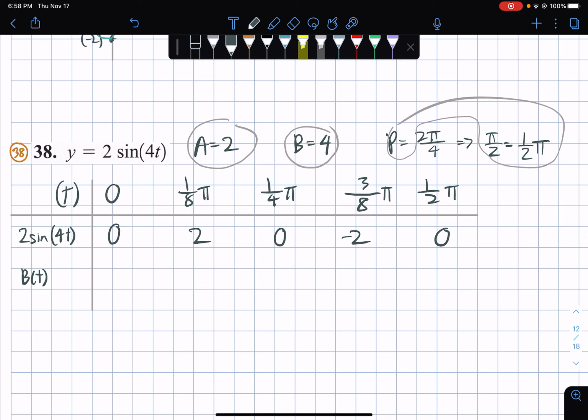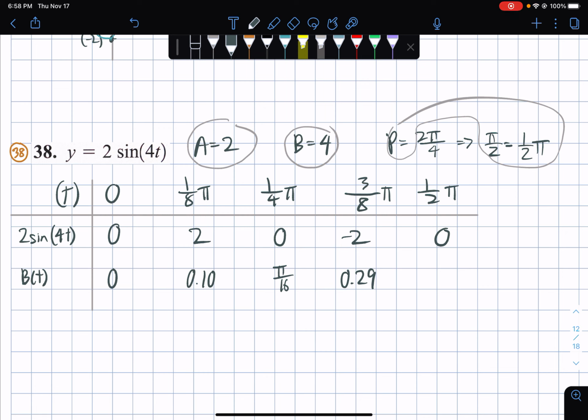And for the bt, it's basically t divided by b. 0 divided by 4 is 0. 1 over 8 pi divided by 4 is 0.10. Let me check if that's correct for a while. Okay, that's correct. So far so good. Pi over 4 divided by 4 is pi over 16. 3 pi over 8 divided by 4 is 0.29.